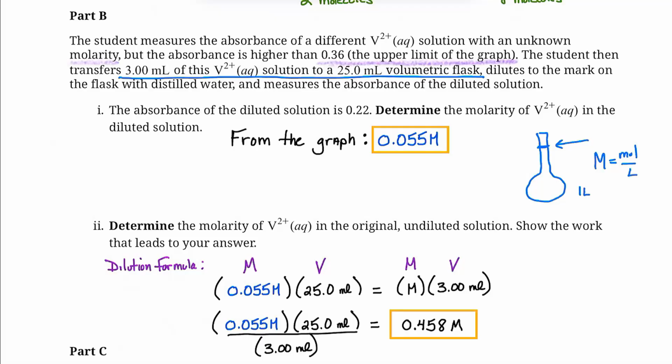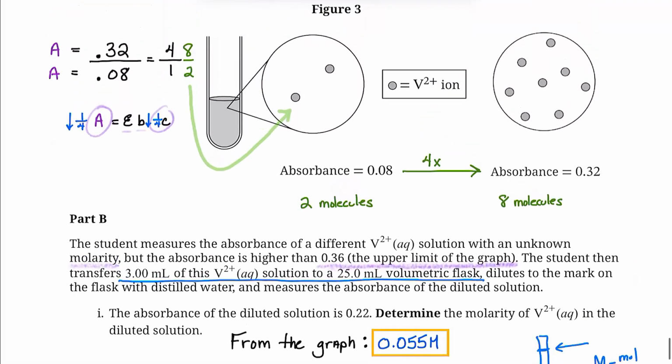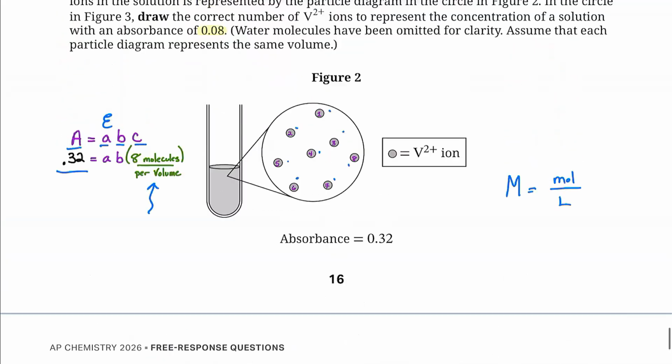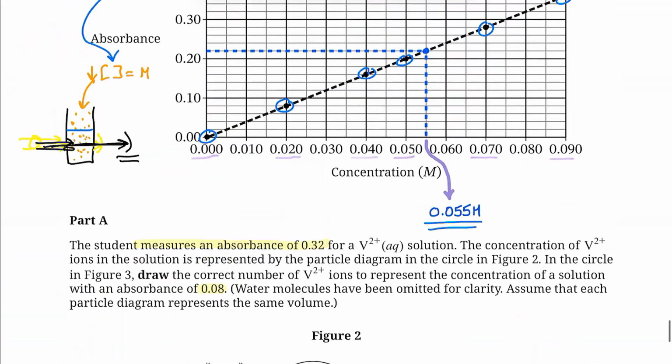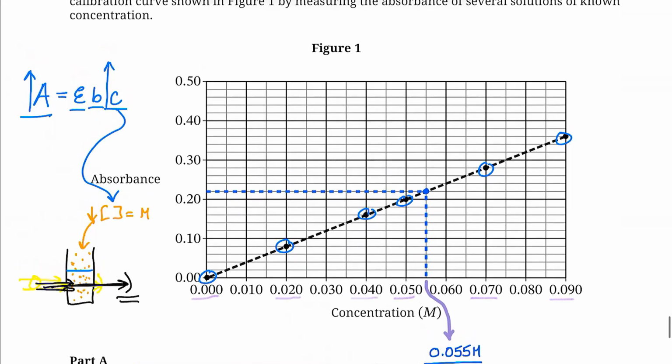So if we find 0.22 on the graph, I would rather you use y equals mx plus b as we've seen in other problems, as you probably did in your lab. But in this case, it's easy to read from the graph because the points are really nice. Look how nice these points are. These are going by 2: 2, 4, 6, 8, 10. So 0.22 is right on this line here.